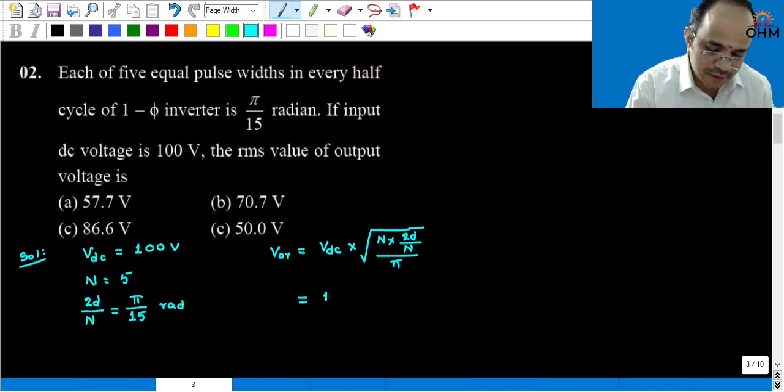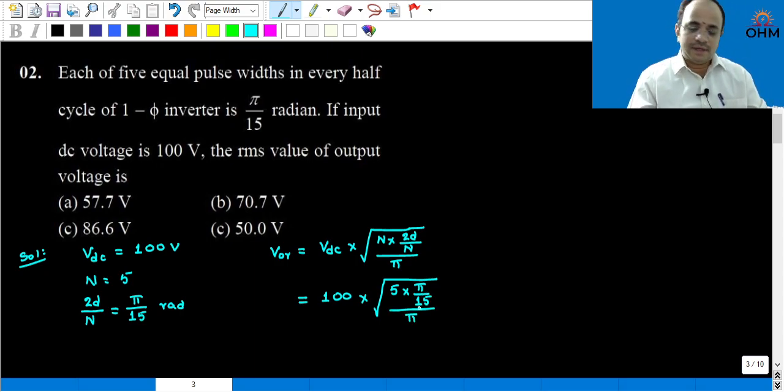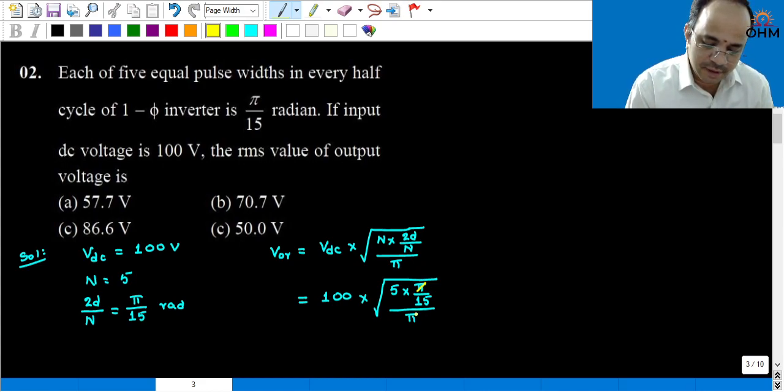So VDC is 100, the number of pulses per half cycle is 5, each pulse width is pi by 5 divided by pi. Therefore pi cancels, and 5 into pi by 5 will give you pi, so we get 1 by 3 under the root.